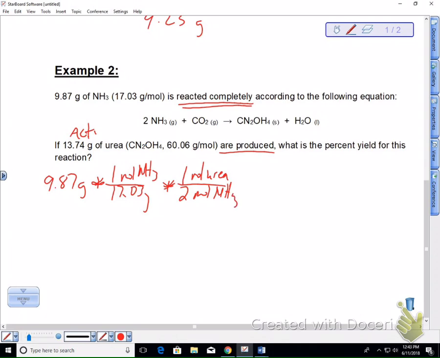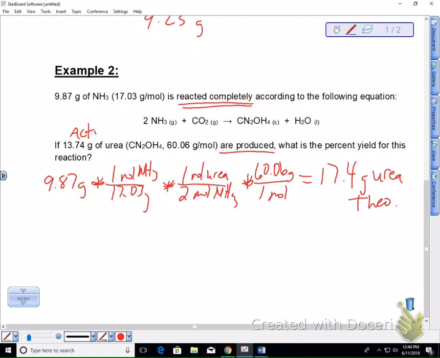So that's my stoich step. And then let's polish it off. Every mole of urea is 60.06 grams. So we'll make, or are supposed to make, 17.4 grams of urea. And this is my theoretical yield.